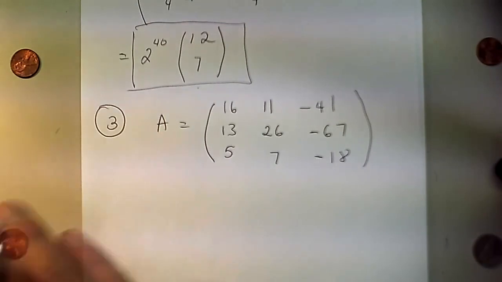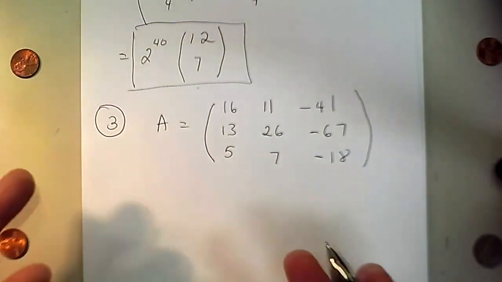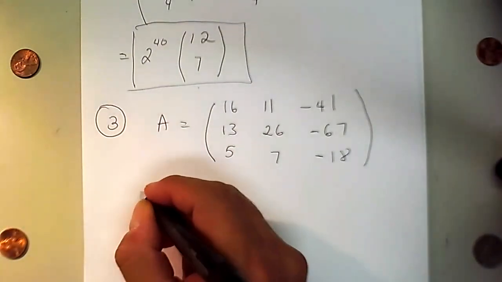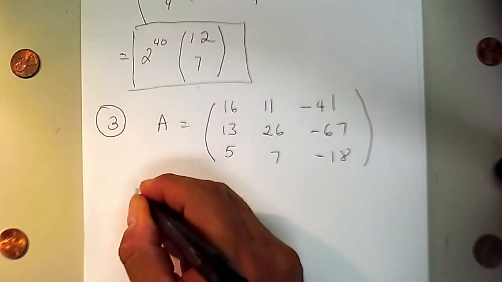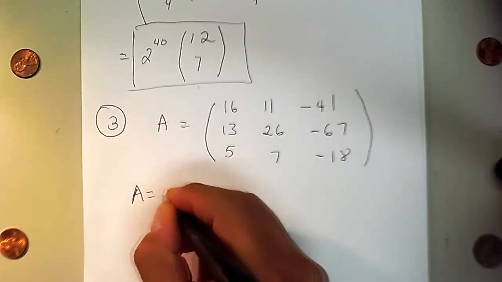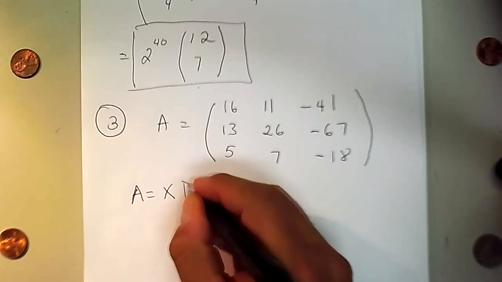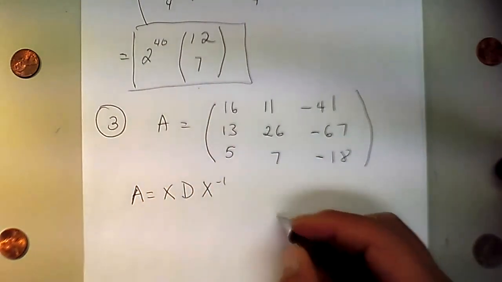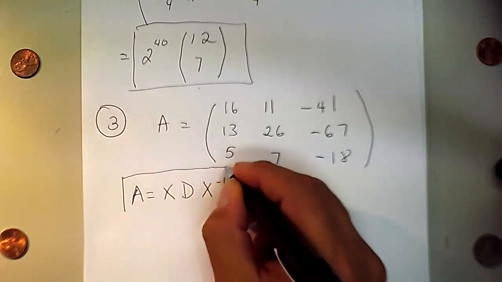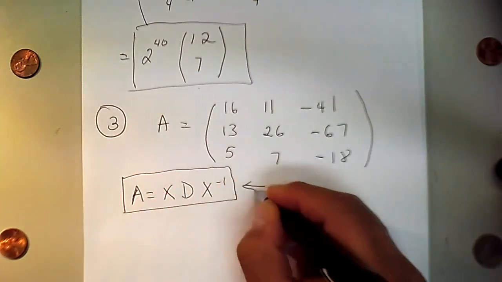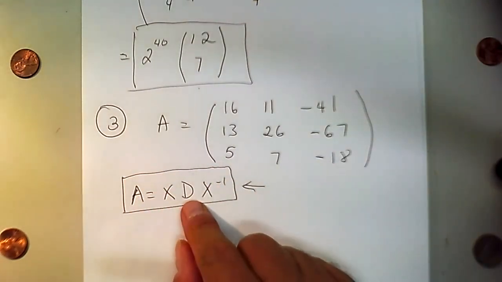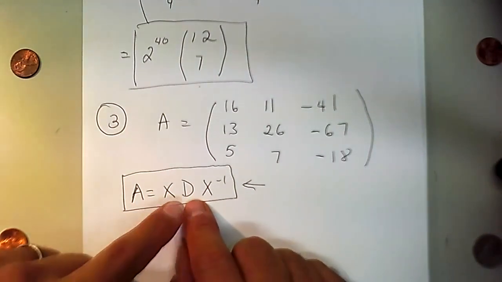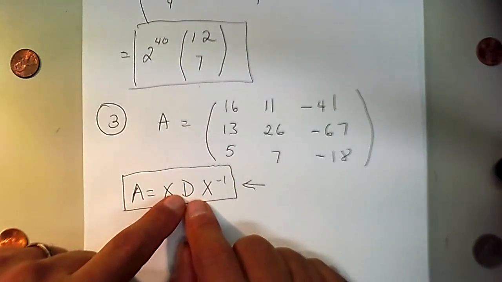But anyway, let's start with this matrix. What is our initial goal? Our goal is to end up with A equals X diagonal X inverse. So that is our goal, to factor A. And that's why we call this diagonalization, because this matrix is a diagonal matrix.